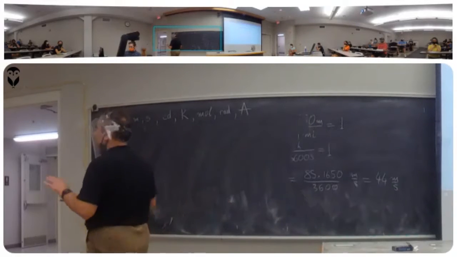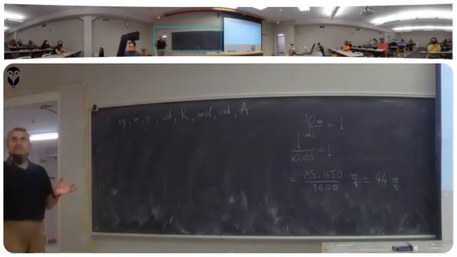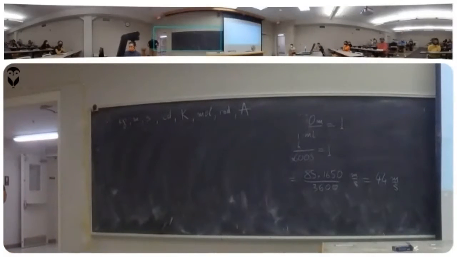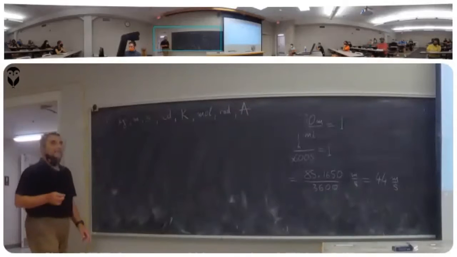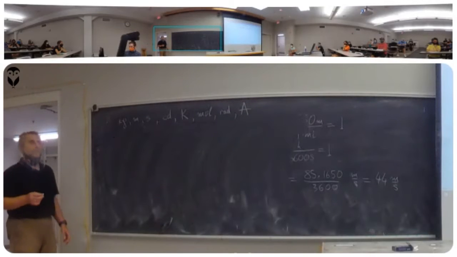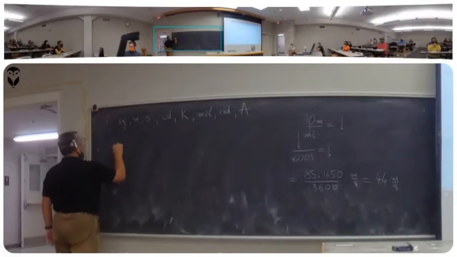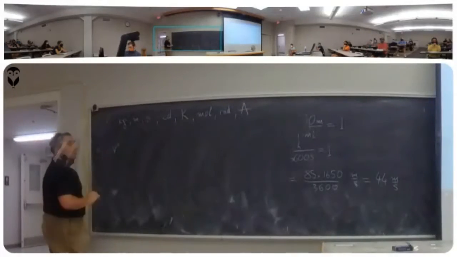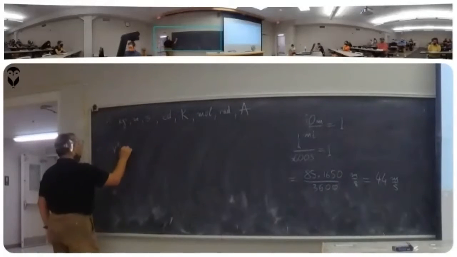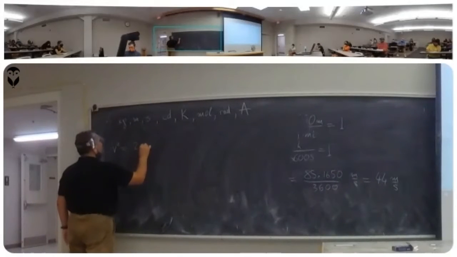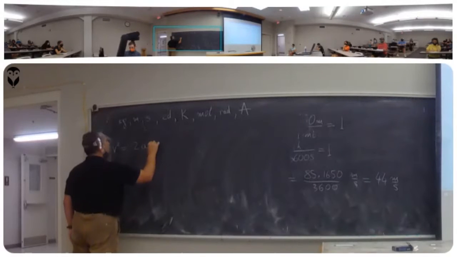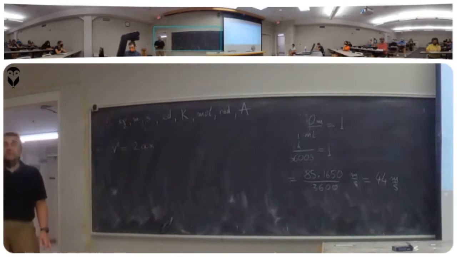Let's say that you do some calculations like we're going to do next week, and you end up at the end with a formula which says the velocity of an object squared is equal to 2 times the acceleration of that object multiplied by the displacement x of that object.